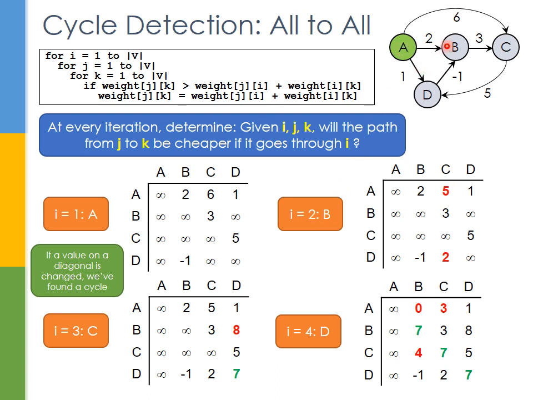That's the direct link between A and B over there. However, we can see we can also move from vertex A to vertex B going through vertex D, and the cost there is 1 plus -1, in other words, a cost of 0. So we found a shorter path, and we then update that value in our adjacency matrix.